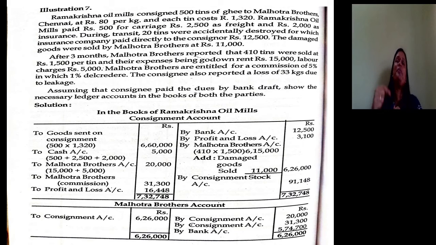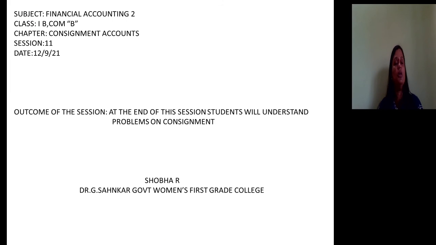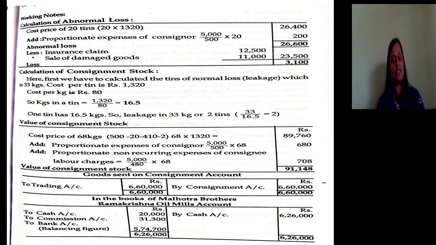Then in this problem, they asked us to prepare accounts in the books of consignee, which is nothing but preparing consignor account, the reverse of consignee account which we prepared in the books of consignor, but the journal entries are different. So this is all about the 7th problem. We'll see the 8th, 9th and 10th problems in the next session onwards. Till then, take care. Thank you.